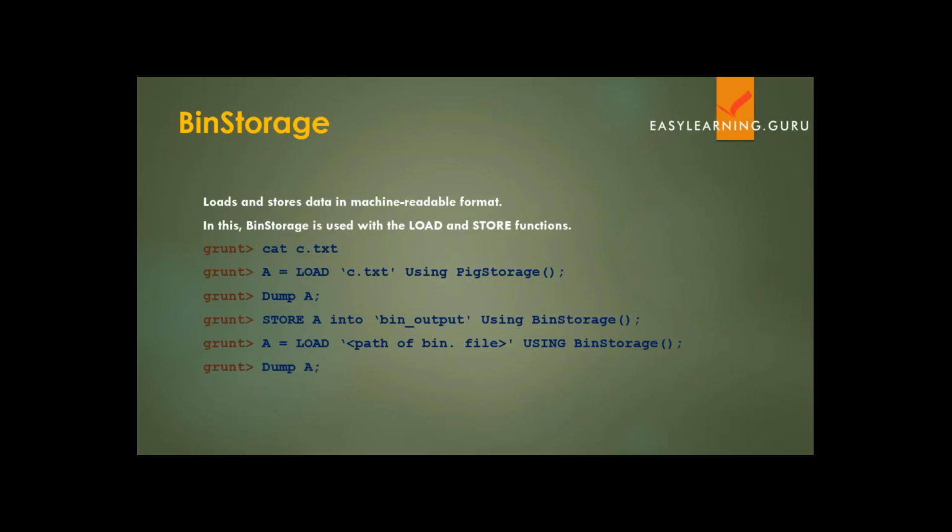Pig also uses BinStorage for loading and storing the temporary data that is generated between multiple MapReduce jobs. BinStorage works with data that is represented on disk in machine readable format. BinStorage does not support compression.